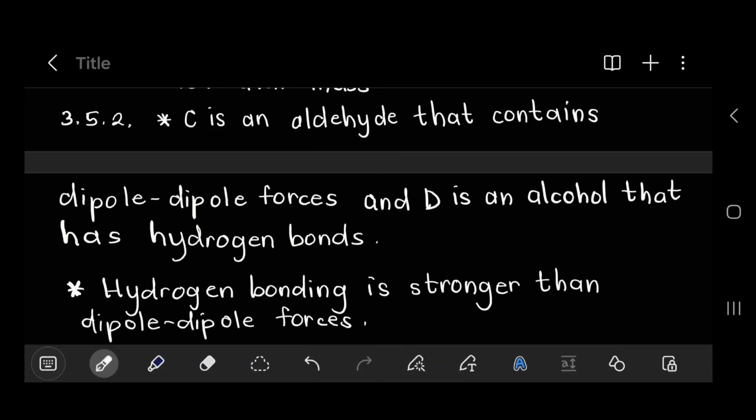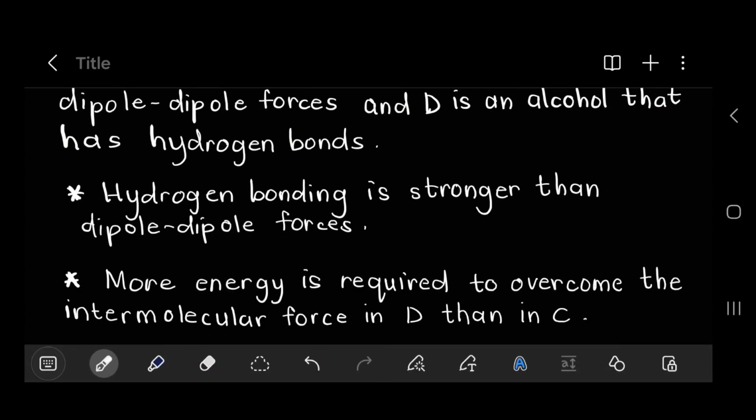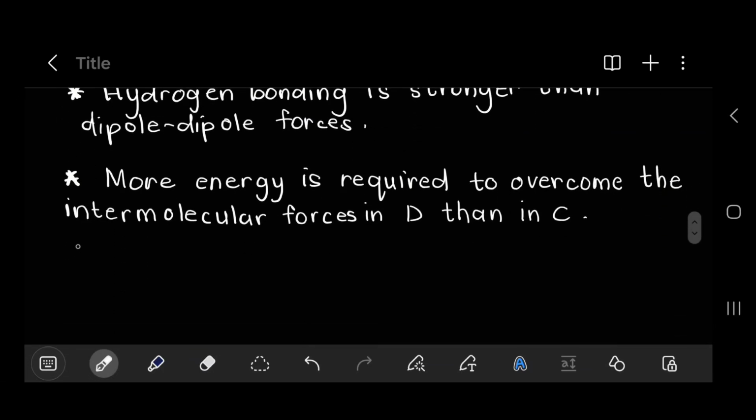Now, once you mention which intermolecular force is stronger, you then need to refer to energy. So we say more energy is required to overcome the intermolecular forces in compound D than in compound C. Now, if this was about boiling point, we would conclude and say, therefore, compound D has a higher boiling point than compound C. But this is now about vapor pressure.